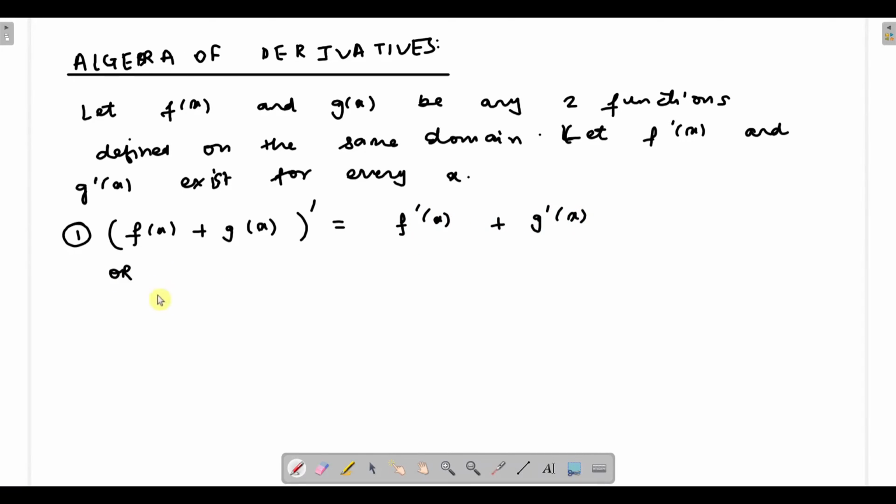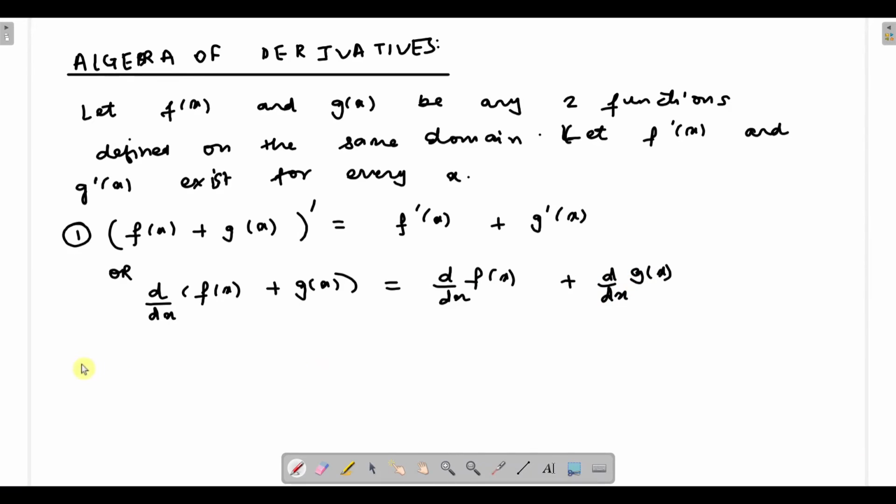Or you can also write this like this, using d by dx, another notation for the derivative: the derivative of f(x) + g(x) will be the derivative of f(x) plus the derivative of g(x).